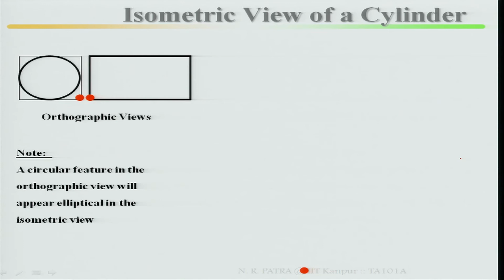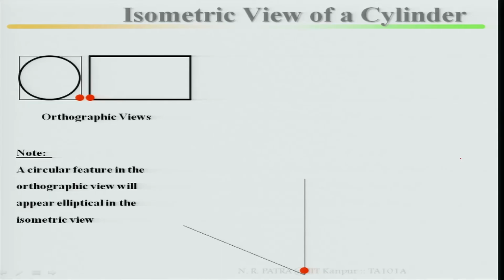Isometric view of a cylinder. Look at the orthographic views, this is your front, this is your top of a cylinder. A circular feature in the orthographic view will appear elliptical in the isometric view, because you cannot see it as a true shape. Let me start with this.